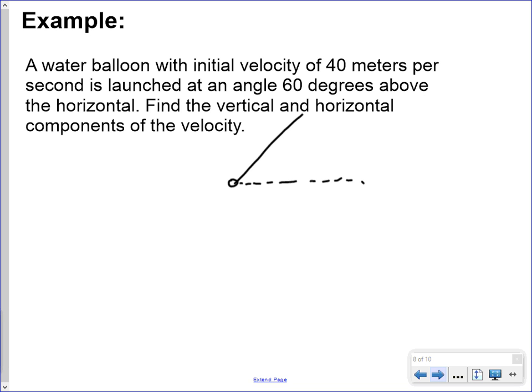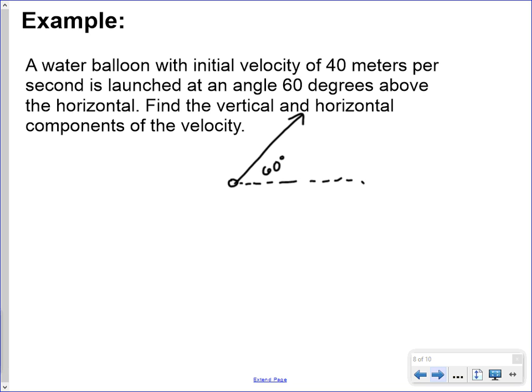Yes, Ethan? Because of gravity, wouldn't it need to be a parabola? Well, that would be its actual path. Yes, but we're not really looking at that.